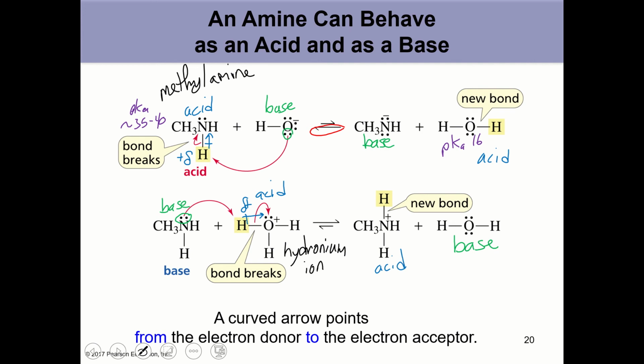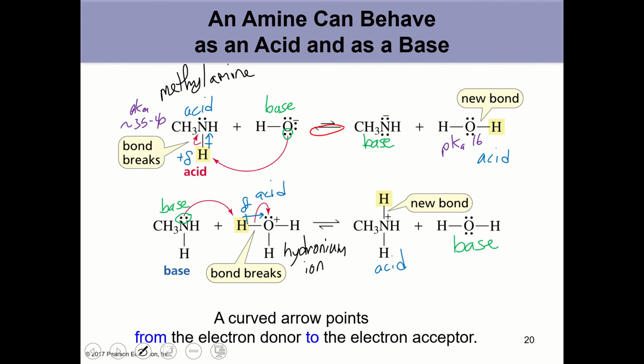And we can see that the nitrogen in the reactant donates a pair of electrons to the acidic proton on the hydronium ion, and the H2O bond breaks, forming water as the product.